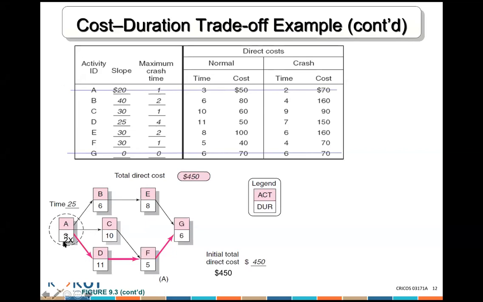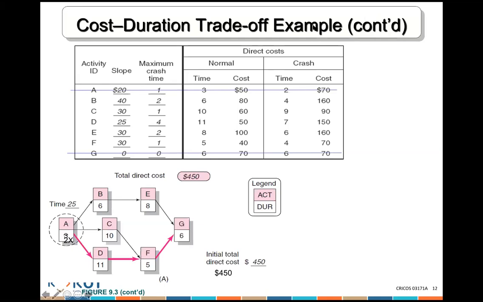If I crash A by one period, how much extra is my cost? What's the increase of my cost? To crash it one time, what's my increase of cost? $20.